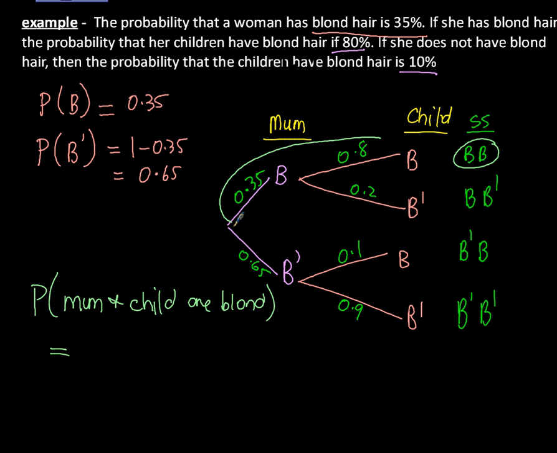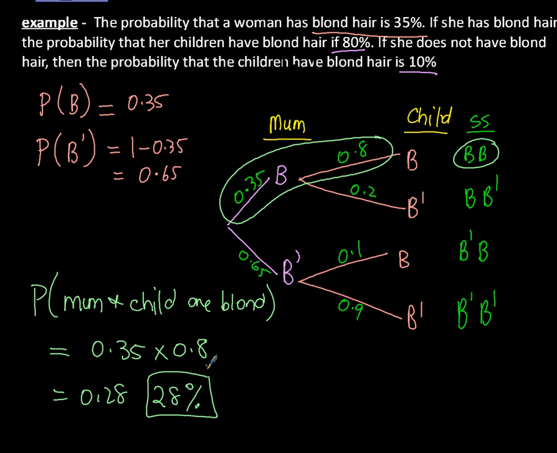So we can then multiply our probabilities there. So we've got 0.35 times 0.8. Let's do that on a calculator. 0.35 times 0.8. And we end up with 0.28 or 28% chance.